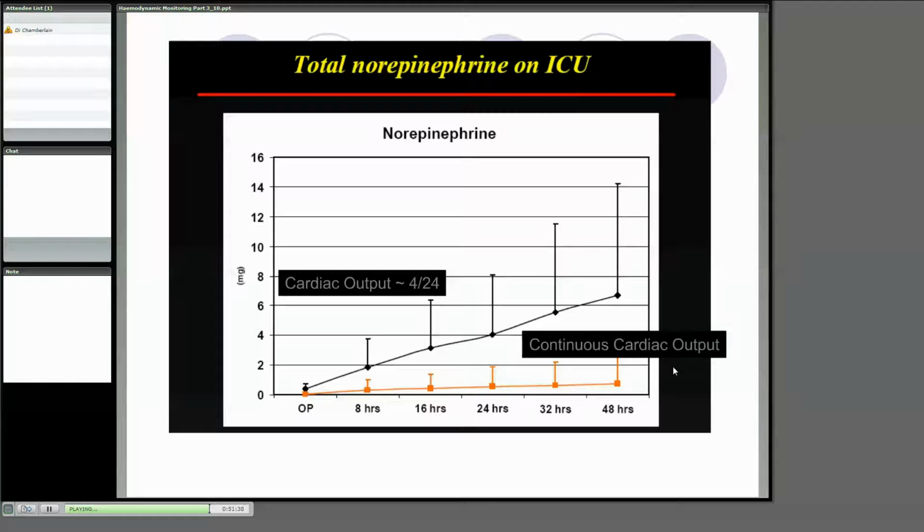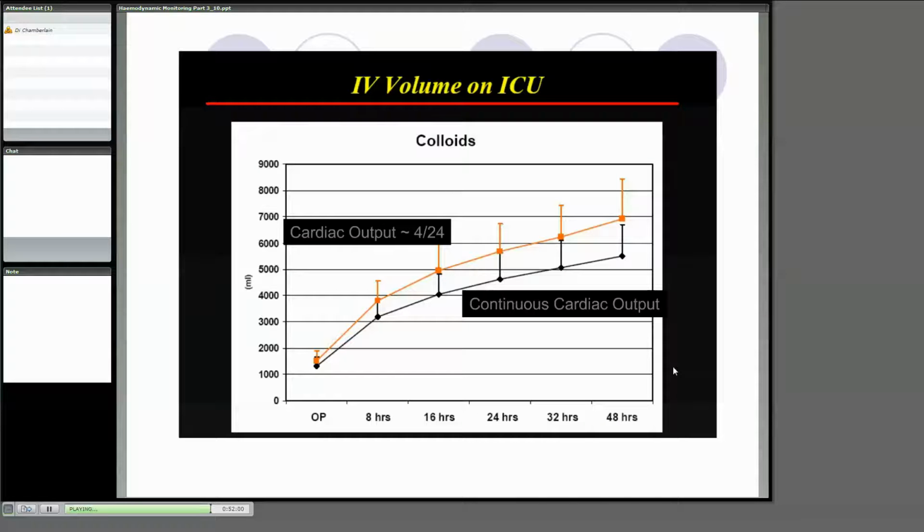In fact, in this group of patients, there were two groups. The ones that had their cardiac output done 4 hourly actually used a lot more epinephrine or noradrenaline in their infusions than the ones that had continuous cardiac output. And that's probably beneficial for the patient.